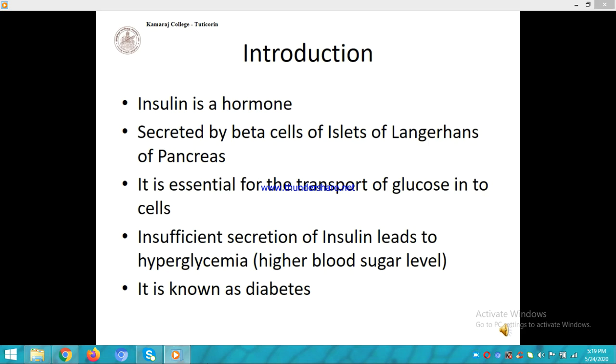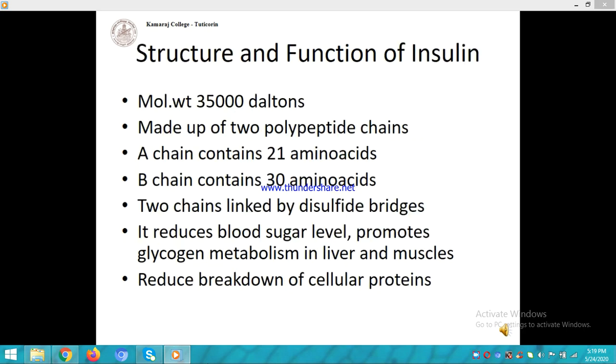For insulin to be active, it needs both the chains, the insulin A chain and the insulin B chain. If the insulin A chain is available alone, it will not be a functional insulin. Similarly, if the insulin B chain is available alone, it is not a functional insulin.